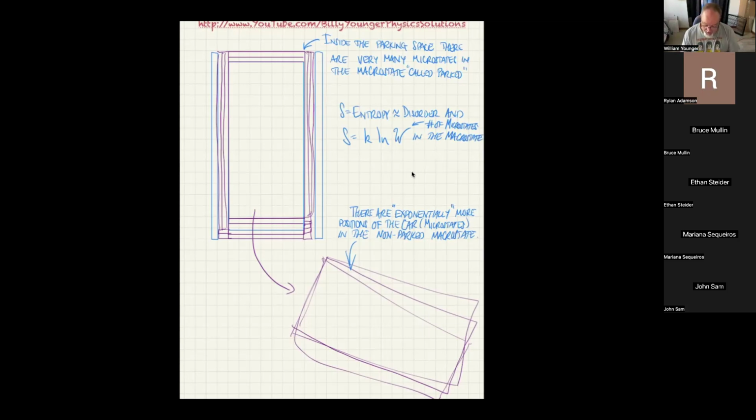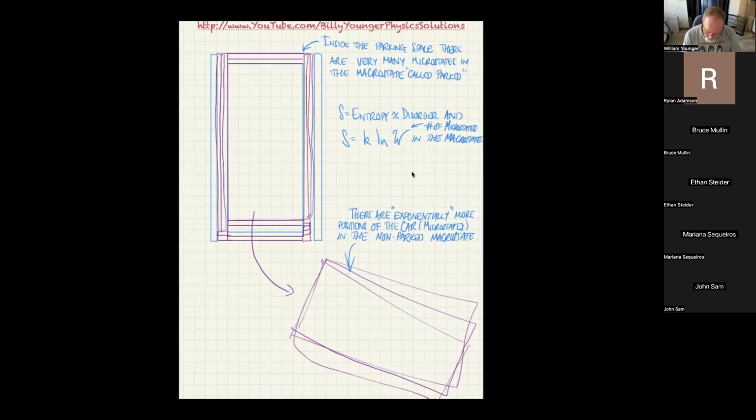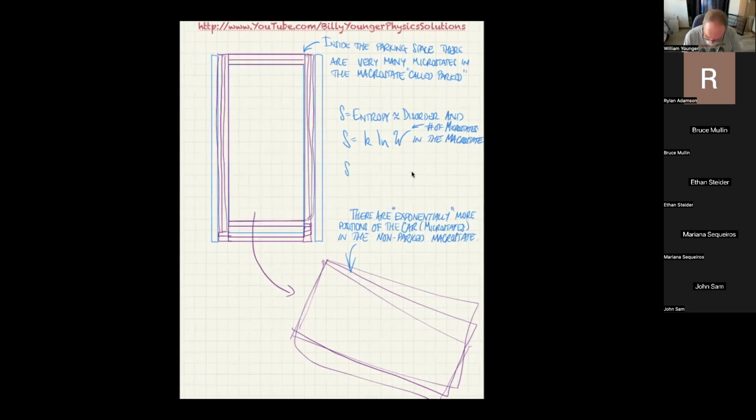So you can see S equals K ln W is big for parked, but S for non-parked is way, way, way, way bigger than S parked because of the way many more microstates.